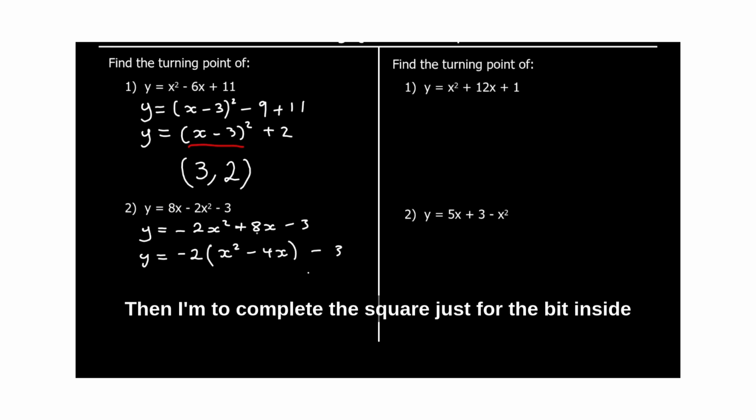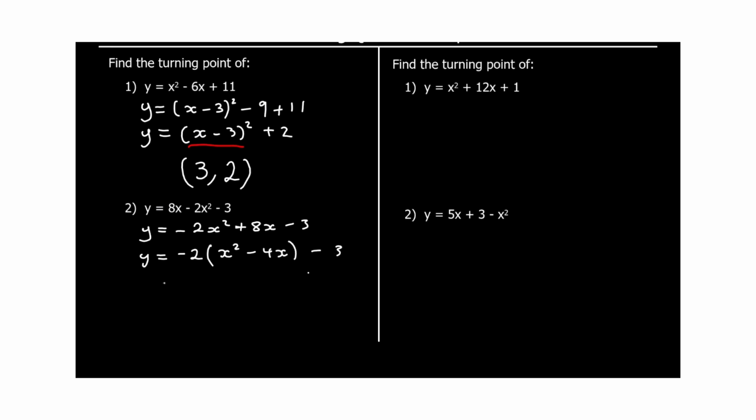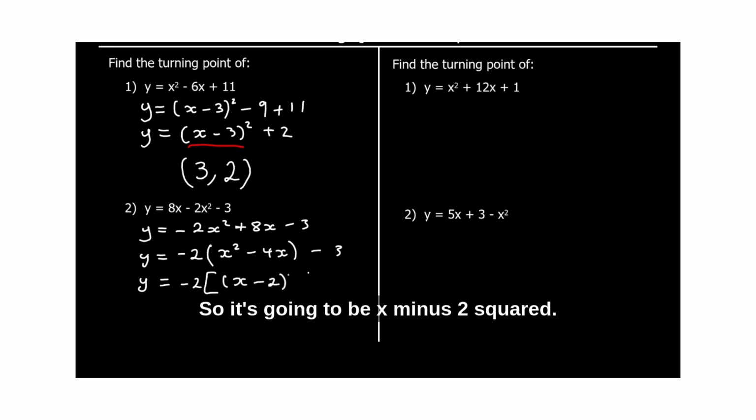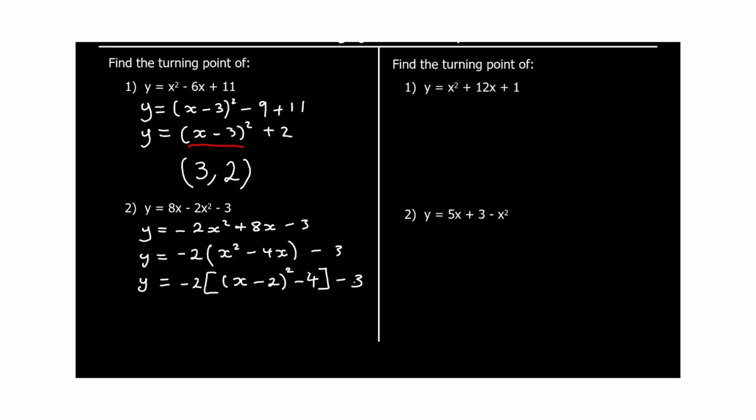Then I'm going to complete the square just for the bit inside the bracket. I've got negative 4. Half of negative 4 is negative 2. So it's going to be x minus 2 squared. I'm taking away 2 squared, which is 4. And I've got the minus 3 outside the bracket.